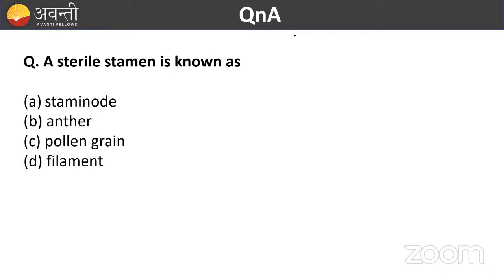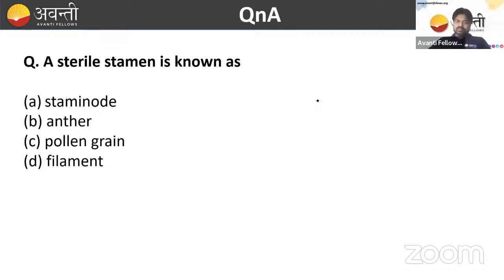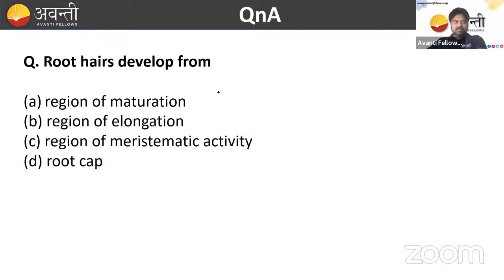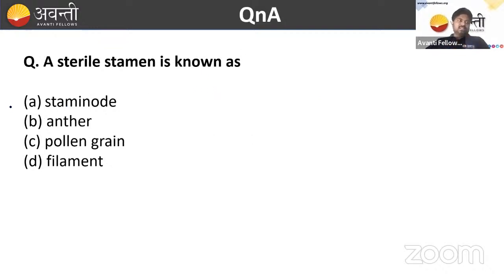Okay, I ended the poll, and here is your answer. Most people answered the question. The sterile stamen is known as the staminode. Option A is the correct answer. Pollen grain, filament, and anther are not correct.